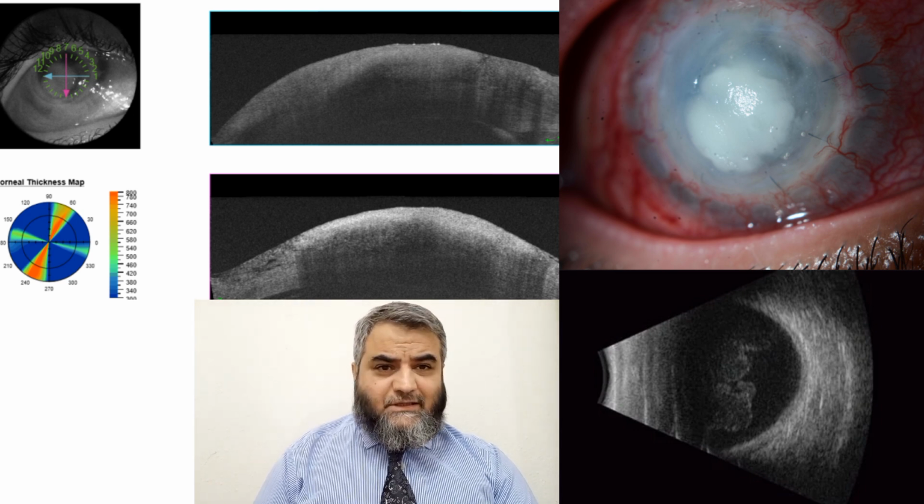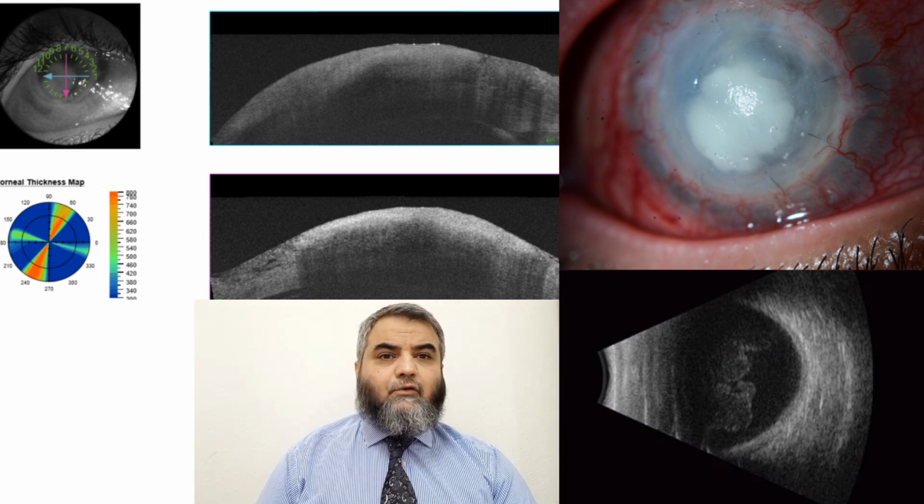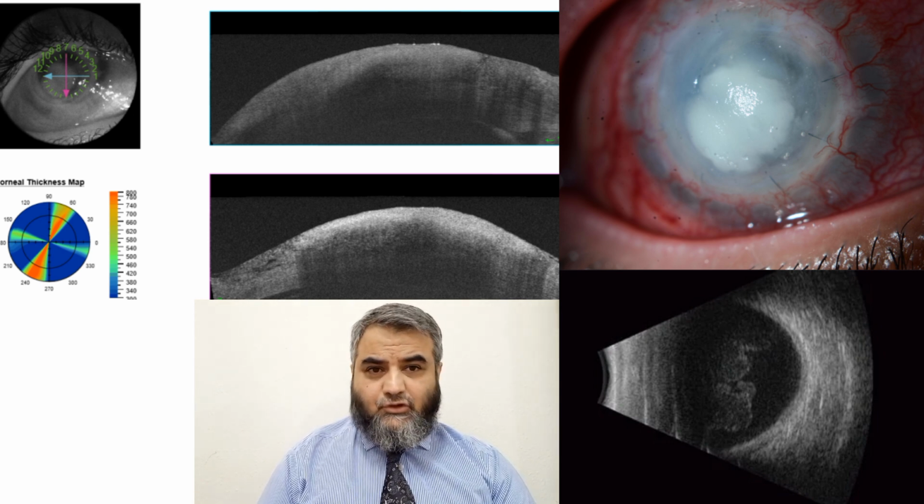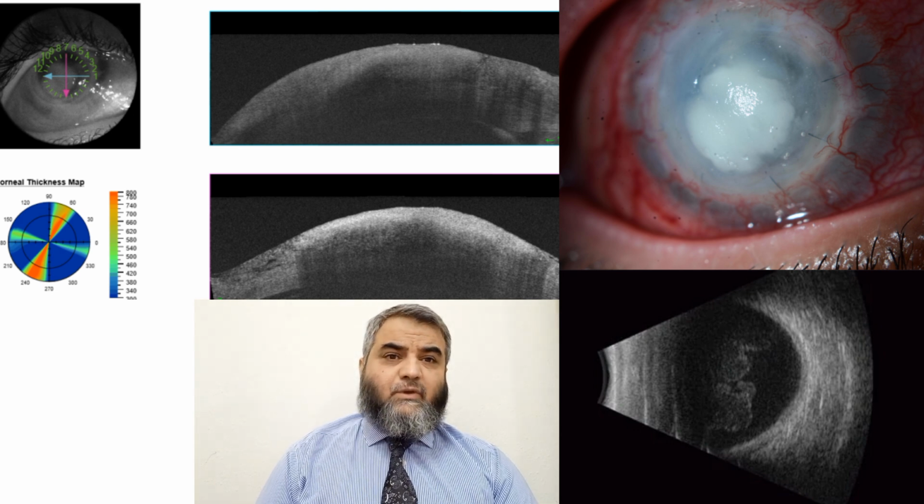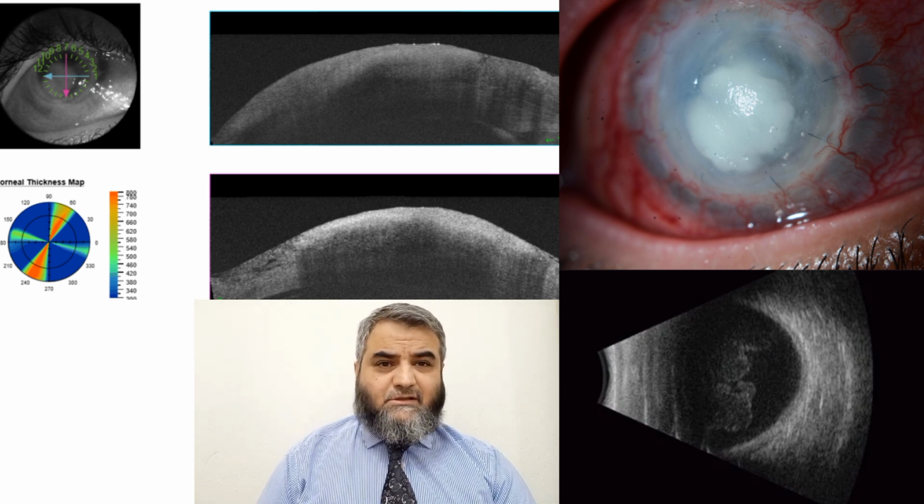Once all these things are done, it is a well-established case of corneal infection, as shown in this photograph. It is a big abscess, with hypopyon, ciliary congestion, decreased vision, all these things.